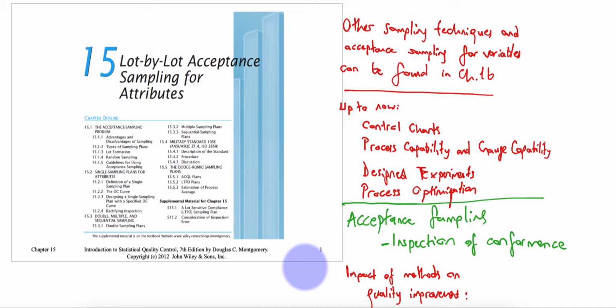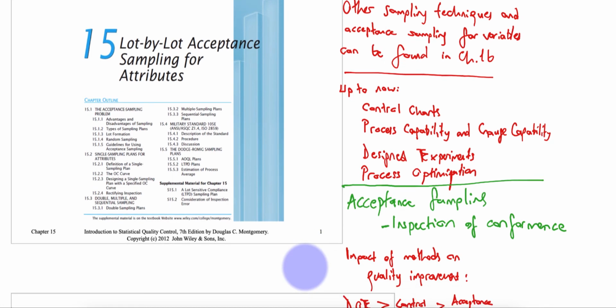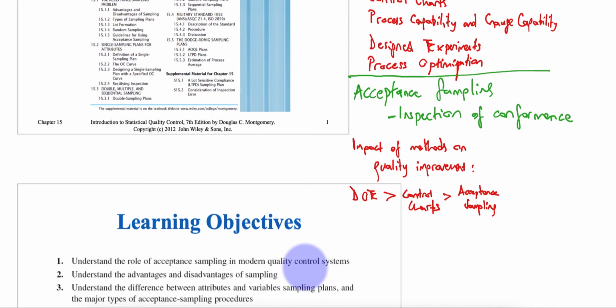Let's proceed, but before proceeding, let me also say this. Maybe you can remember from lecture 1 or lecture 2, I think, we have said that we can rank the methods we're going to use in this class according to their impact level on the quality improvement. And in this ranking, designed experiments takes the first place, then control charts follow, then we can put the acceptance sampling. Why?